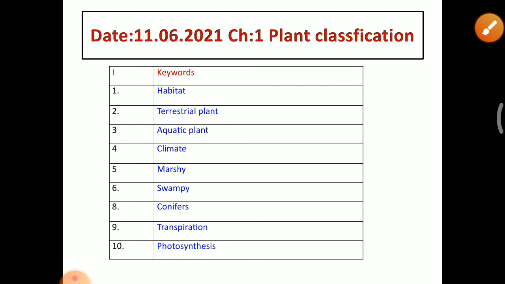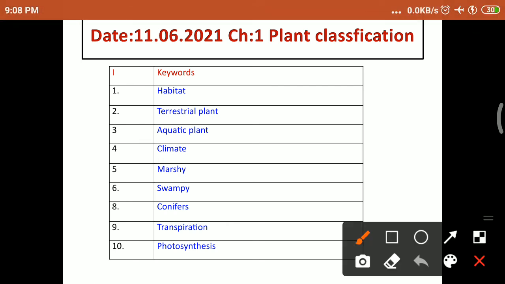First you have to write the date at the corner, 11/6/2021. Then write the title of the chapter, Chapter number 1, Plant Classification. Then the first Roman numeral, you have to write keywords.